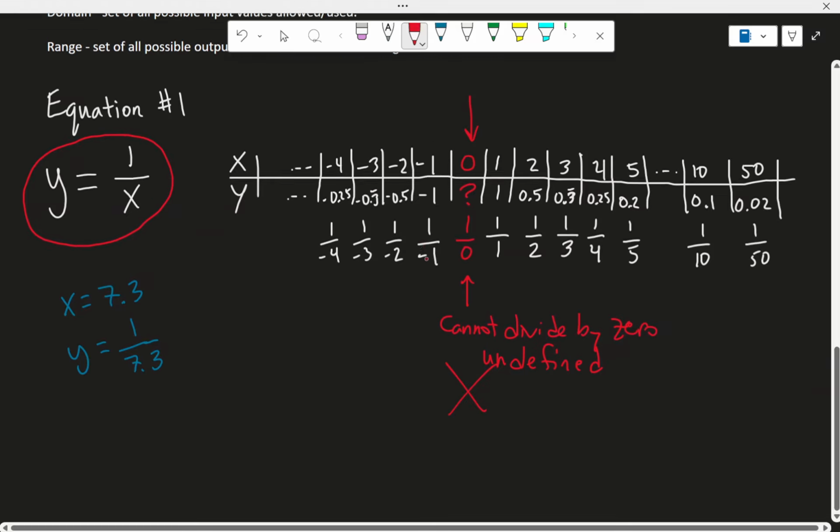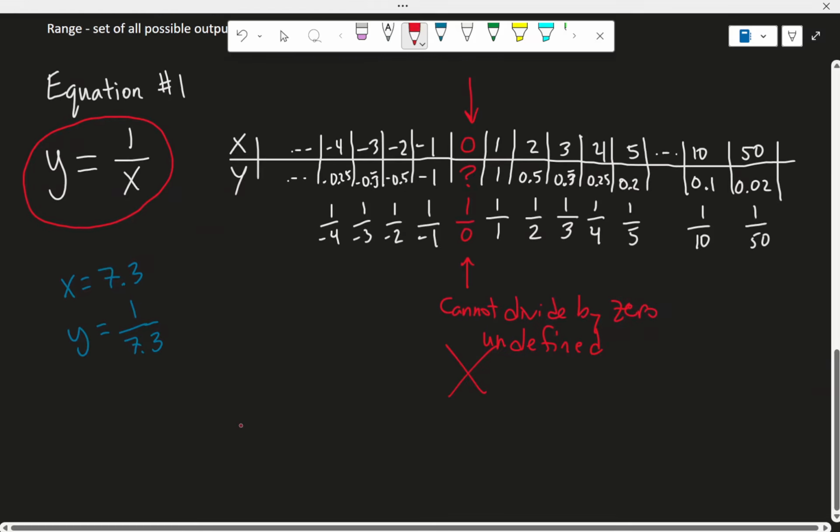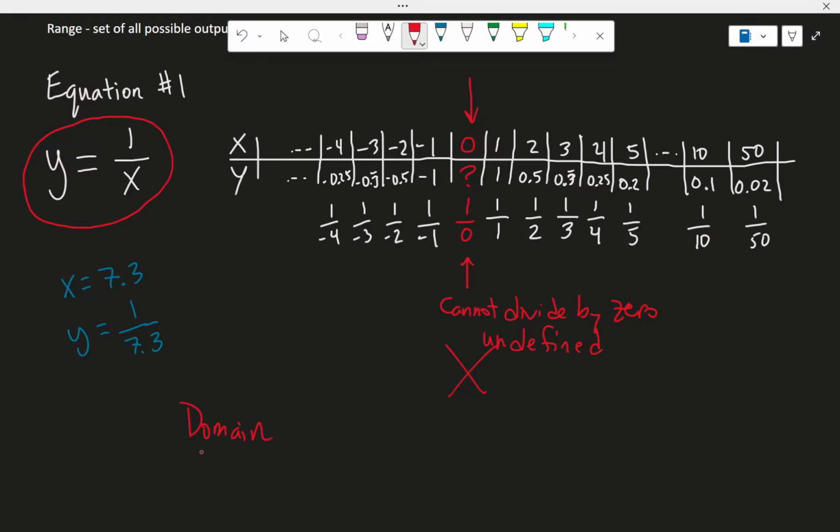One way to say that is to literally just say that our domain, and I'll write it down here, is that x cannot equal 0. That really just means everything except 0.